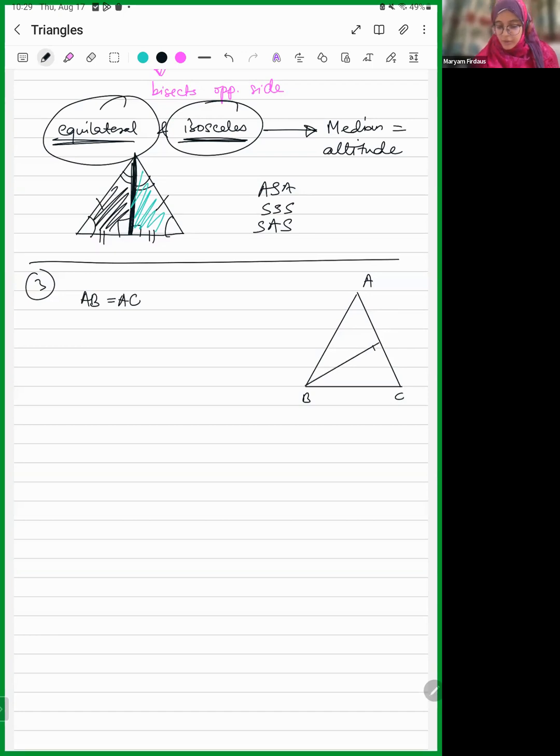So this is an altitude BE. And this is another altitude, CF. This is also 90. Ma'am, I guess it's CE and BF.